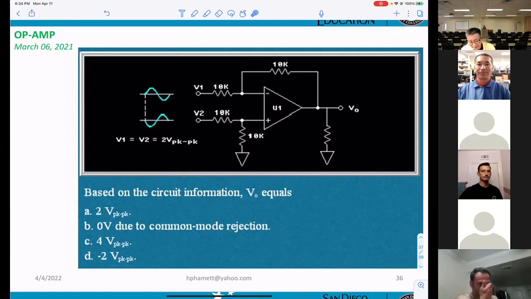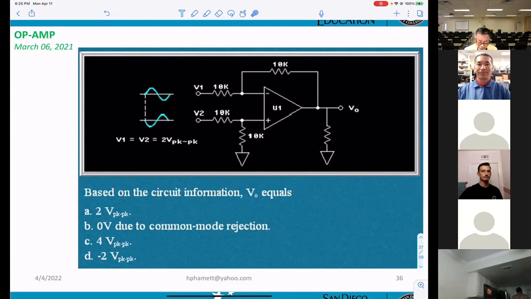Basically, if you want to do it, you have to calculate for V1 only. You get the gain and you multiply by 2 volts. And then you can calculate for V2. However, make sure you use a voltage divider. Then you know what the gain is.